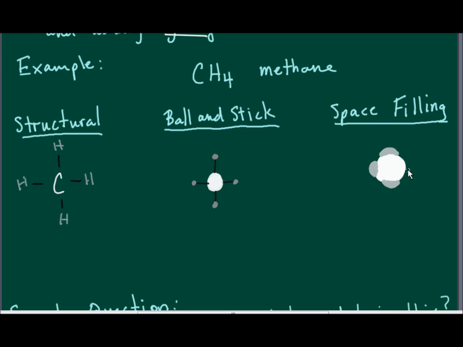So it's all of these little spheres attached to it. Again, the carbon is the big white one, and the hydrogen are the little smaller gray spheres. You can't see the whole sphere. It is a sphere, but you can't see it because of the big carbon atom in the way. So those are the three models: structural, ball and stick, and space filling.